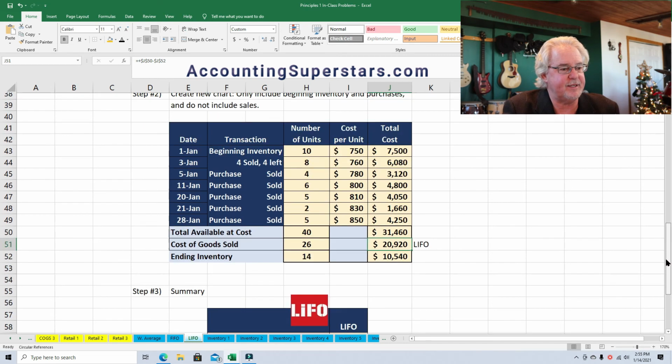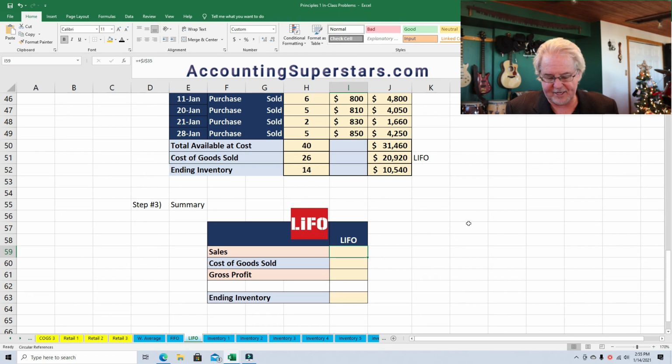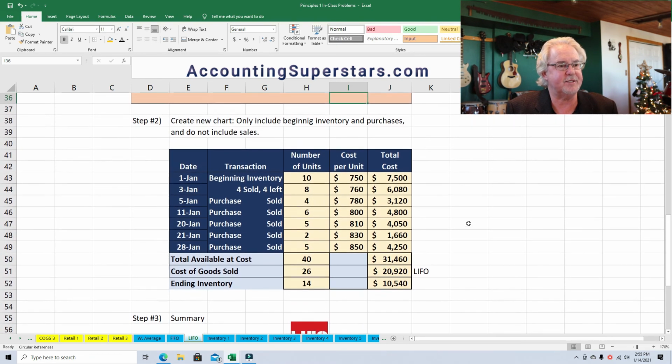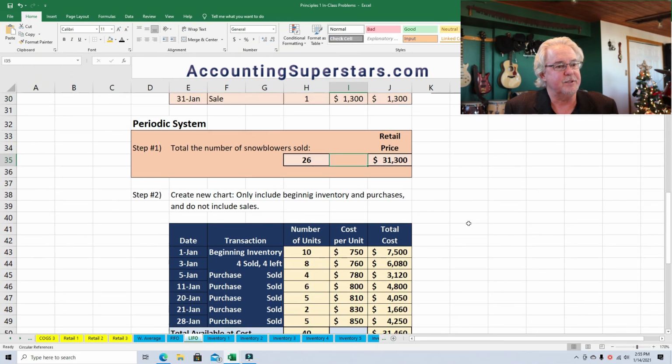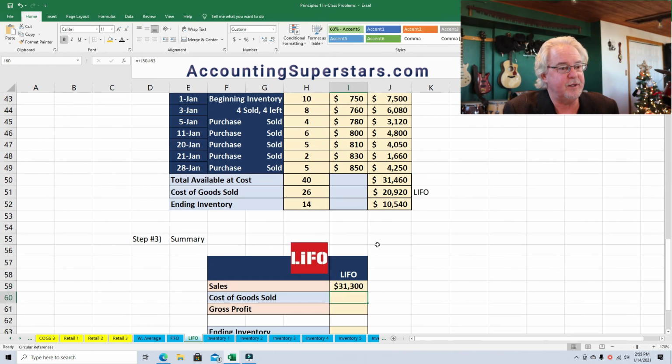So I've got a summary table right down here. Let's fill it in. So the sales, we got the sales from up above here, from the original chart essentially. So here we go, 31,300 was the total amount of the sale. And cost of goods sold, right here, 20,920.